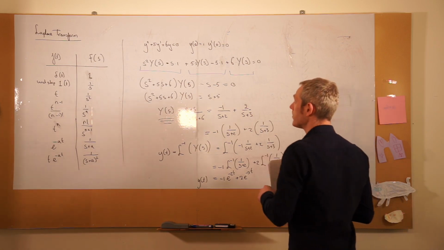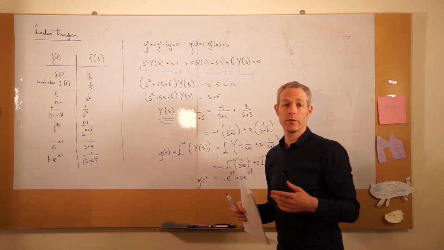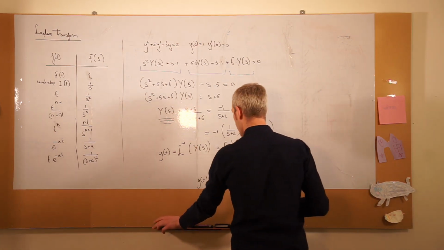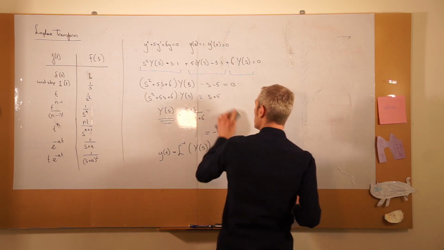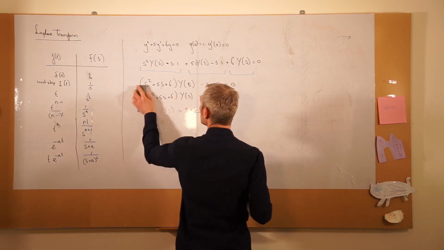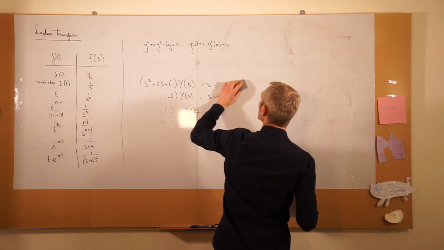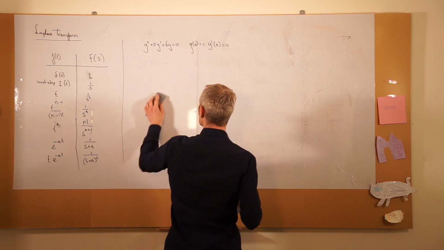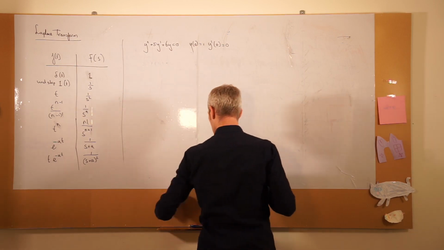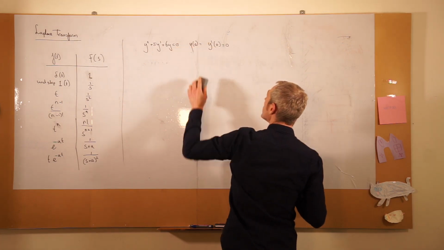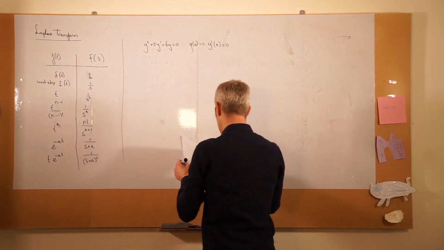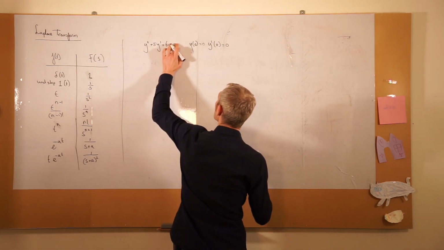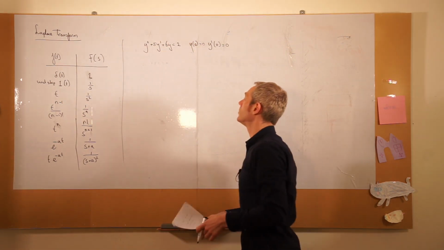I will do another example. Here this was a homogeneous equation. Now we will add some form of input. Just for this example, I will set both initial conditions to 0, and I will have as an inhomogeneous component 2.